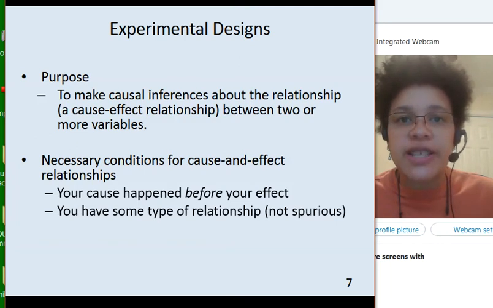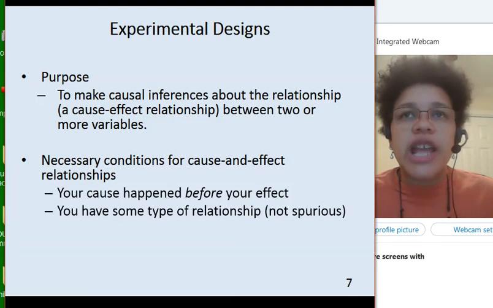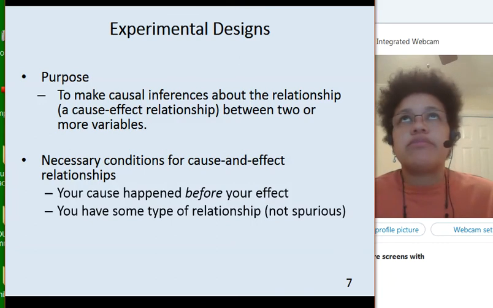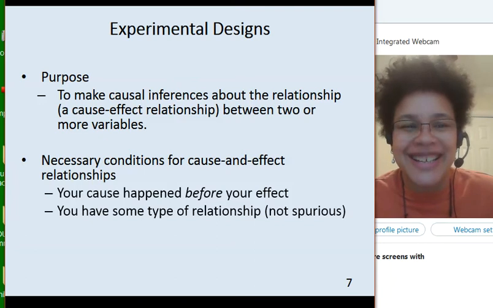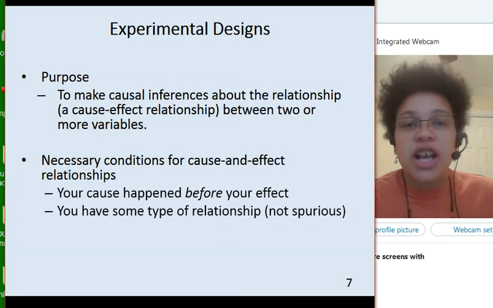It can't be spurious. What's a good example of spurious? There is a relationship between reading ability and height. Taller people tend to be better readers. There is a relationship.